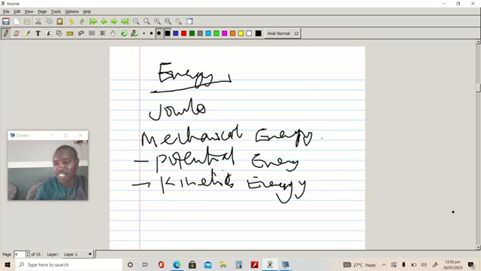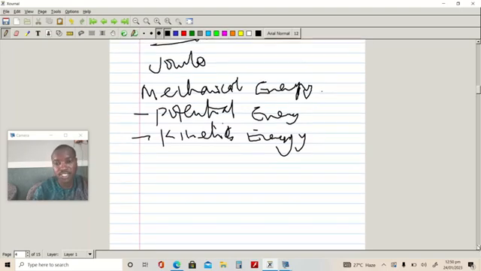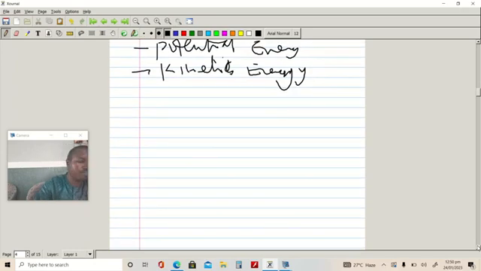So what is potential energy? Potential energy is the energy a body possesses by virtue of its position when it's at rest, while kinetic energy is the energy a body has when it is moving, when it is in motion.